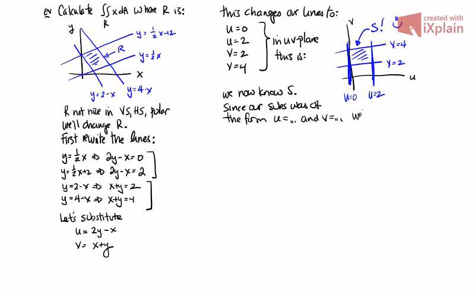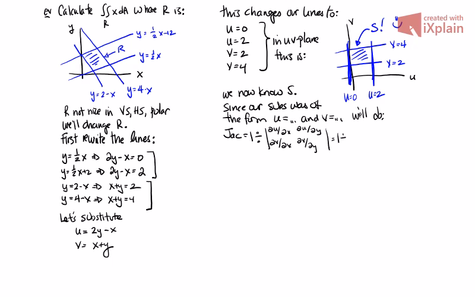So what we do is the Jacobian, I'll just write Jack. This is 1 divided by the determinant of partial u, partial x, partial u, partial y, partial v, partial x, partial v, partial y.